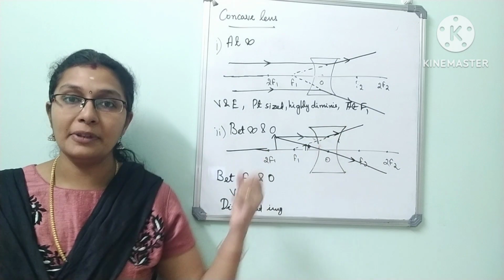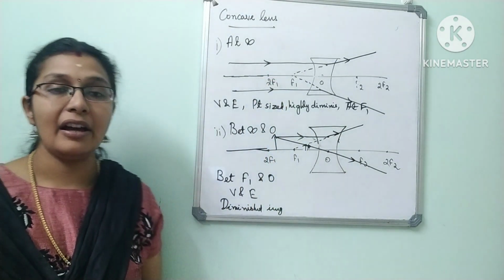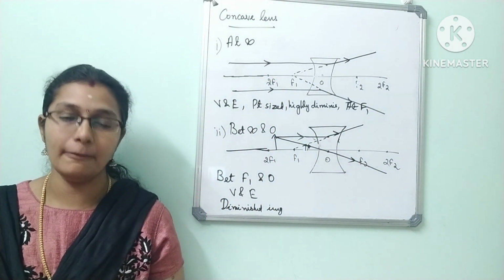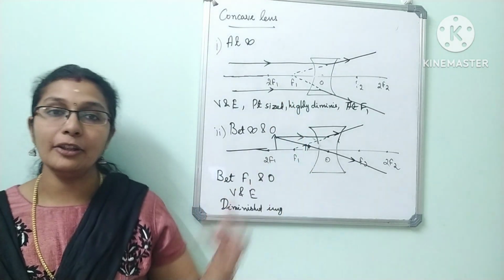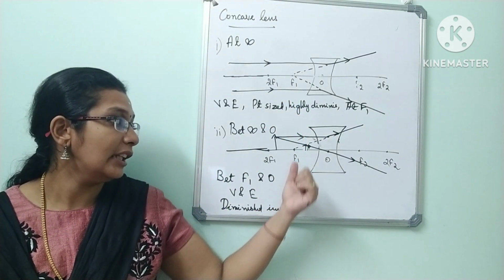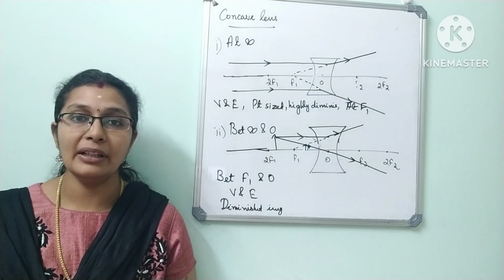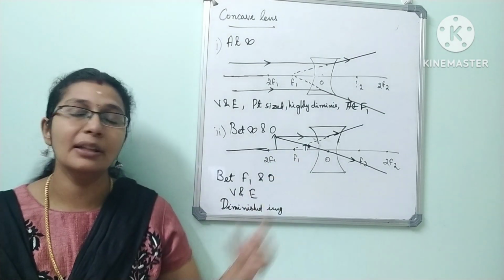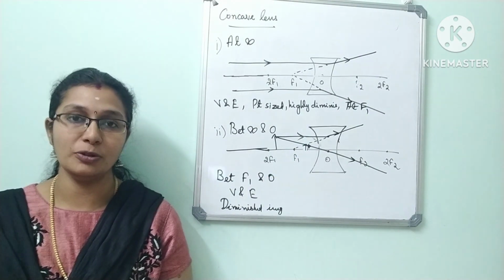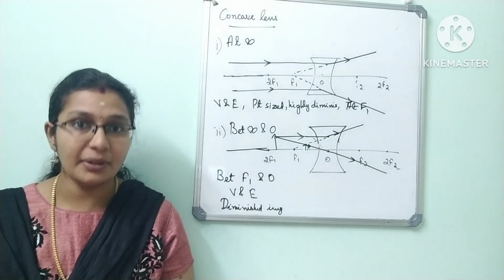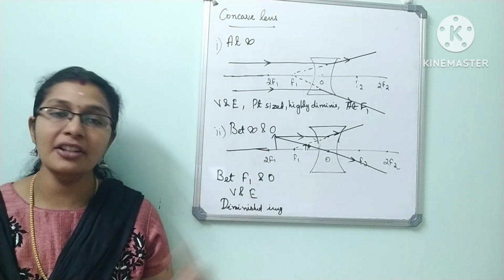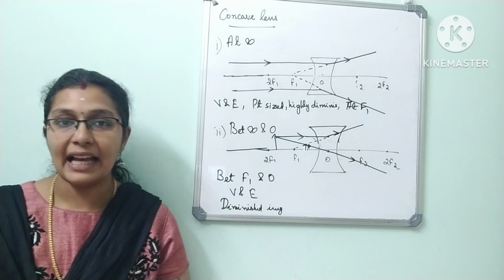Here you will obtain the rays to be coming from the point F1, so it will appear to meet at point F1. Here it appears to form the image between F1 and O. So the image formed here is virtual and erect, diminished and between F1 and O.